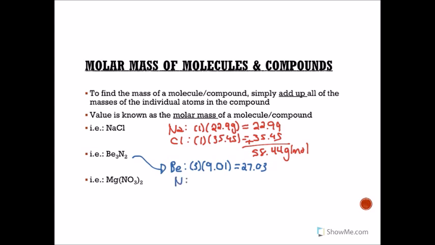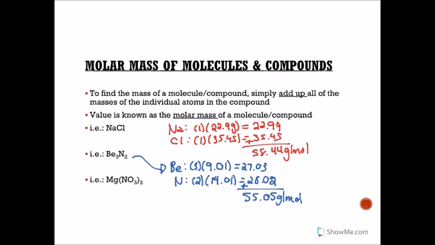And we have nitrogen here. We have 2 nitrogens. Our mass of nitrogen is 14.01. And we multiply those together and we get 28.02. And then we add those numbers together. So 27.03 plus 28.02. We add those up and we get a molar mass of 55.05 grams per mole.